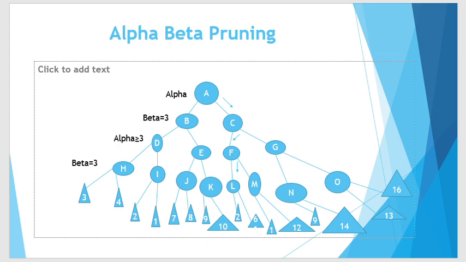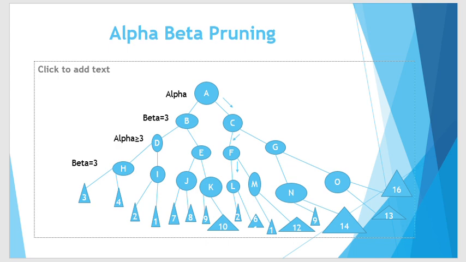Then again min will choose. And we already have utility at the terminals, we already have the values. So we will see how to find out the values of alpha and beta with the help of these given values, and which nodes we have to explore and which we don't have to explore, even though we get the best path. This is alpha beta pruning.